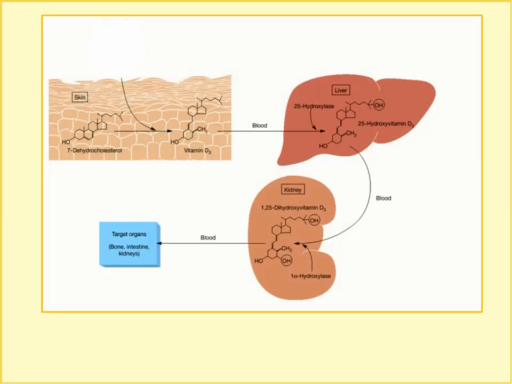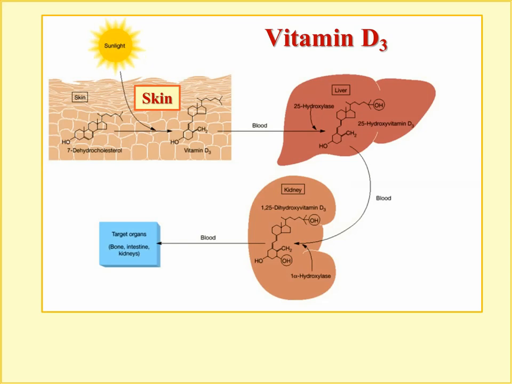So now let's observe in more detail the formation of vitamin D3, which is important. Vitamin D3 first is formed in the skin under sunlight, to be more exact, ultraviolet rays. They contribute to formation of first vitamin D3, which is not very active initially because it requires some modifications, and this modification is hydroxylation.